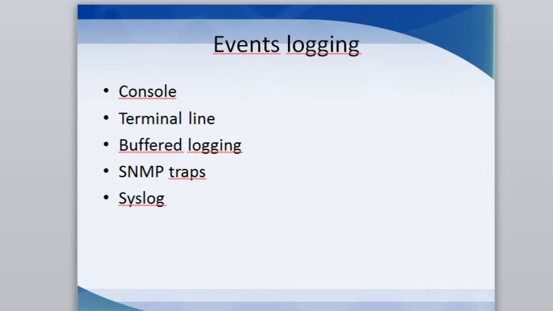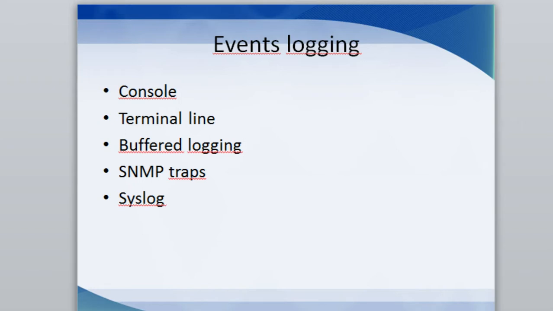The events logging can be set in several ways. Again, the events logging is how you know something is happening in your network, and the logs can be sent via console, which is the logging set by default, or terminal lines.